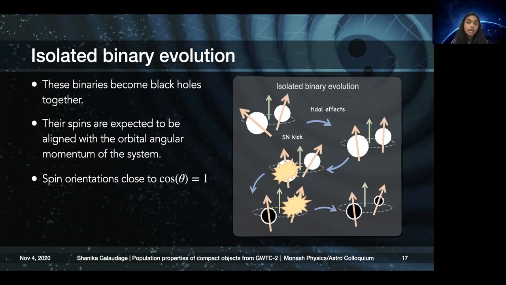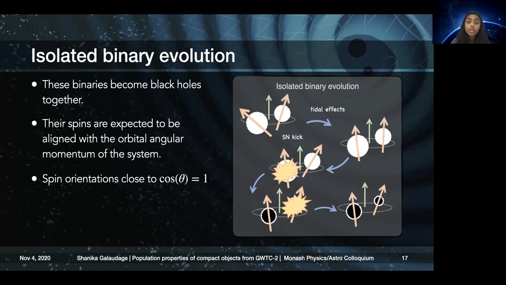For example, we have what we call isolated and dynamical binary evolution. Isolated binary evolution is when you have two stars in a binary together, they live their lives together, undergo supernova explosions, become black holes together, and eventually they merge. The key thing here is that they've lived their lives together, so they tend to have aligned spins, similar to each other, oriented in the same direction.